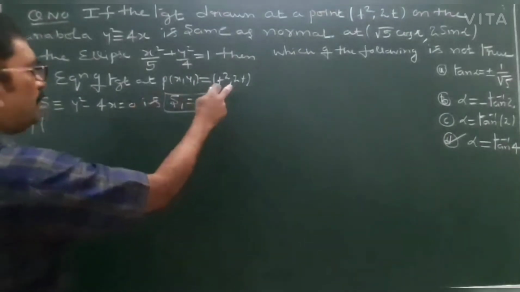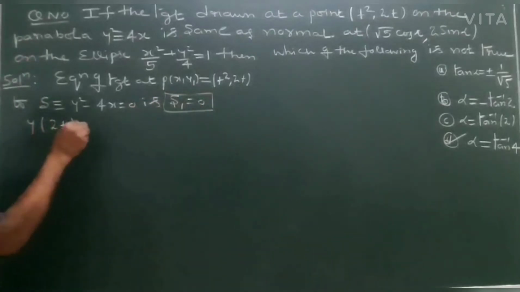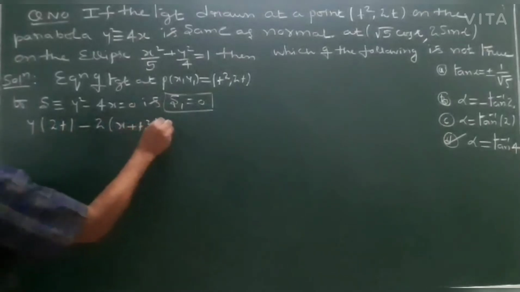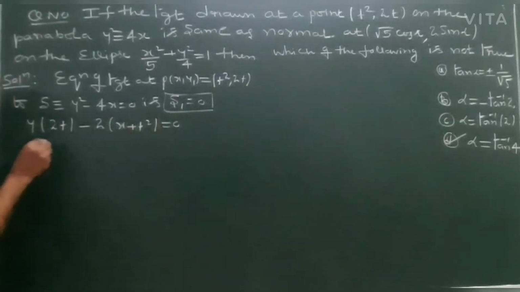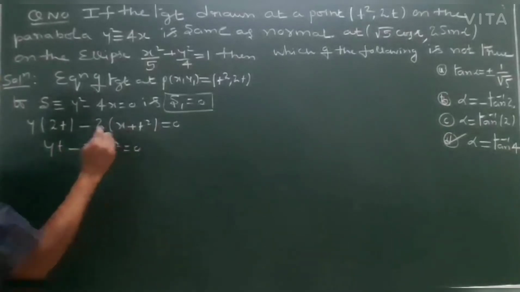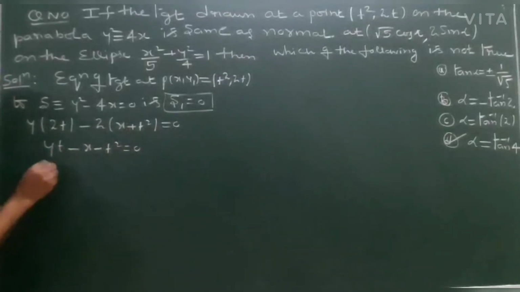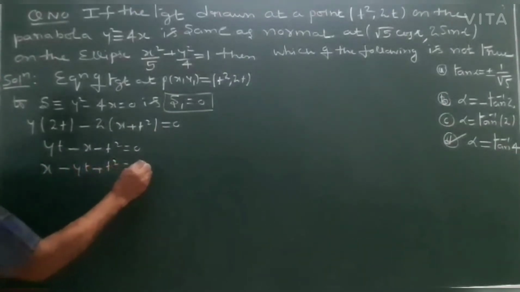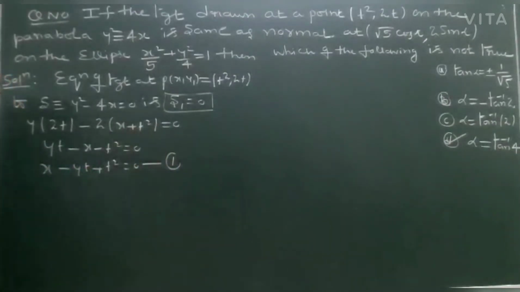What is your y1? 2t, right? Now this becomes yt minus x minus t square equal to 0. If you want, you can write x minus yt plus t square equal to 0. Call it 1.